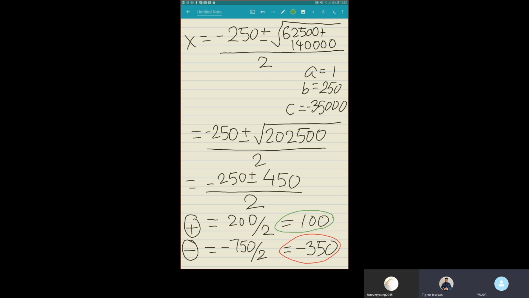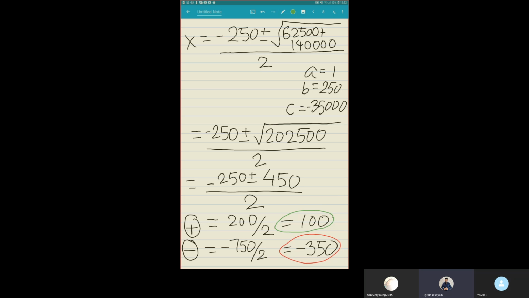So your B is 2500, right? So that means it should be minus 2500 in the beginning. So minus 2,500 plus 4,500.